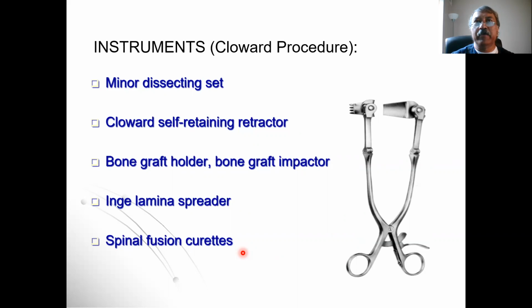So there are no irregularities between the bone used for the fusion and the bone structure around it. So the spinal fusion curette does the final finishing job for the fusion.